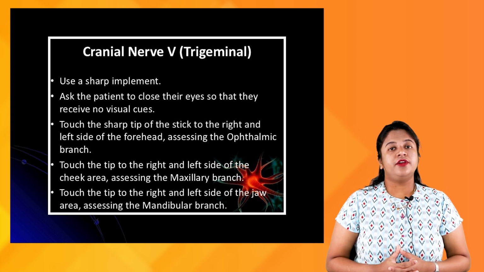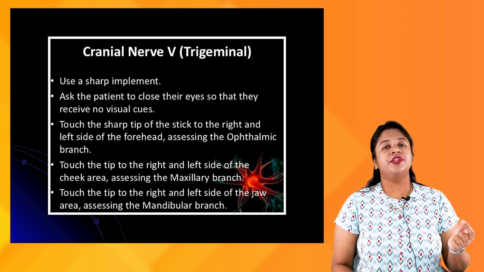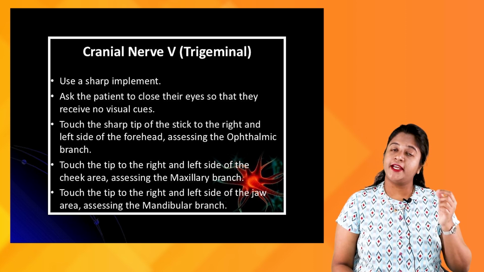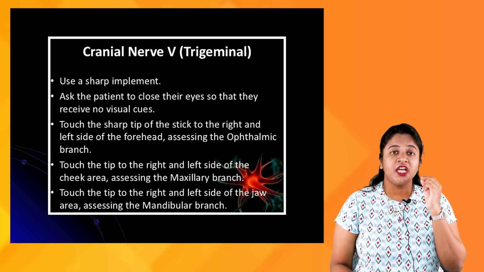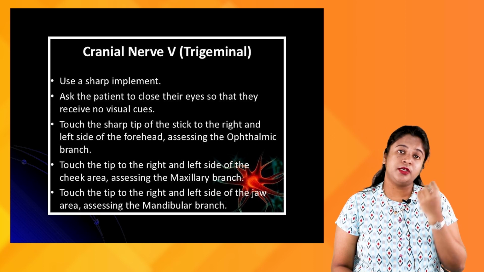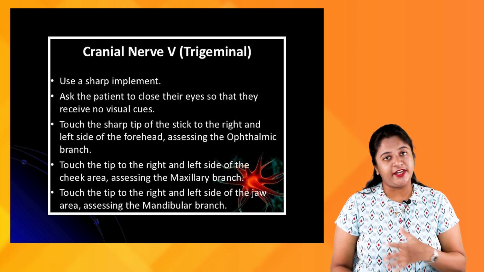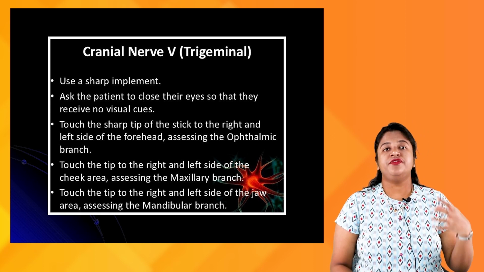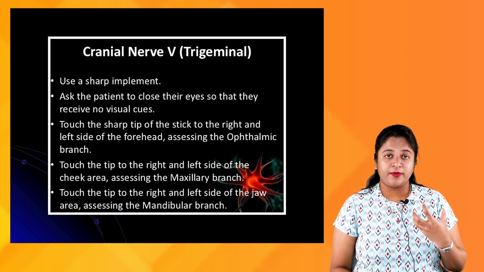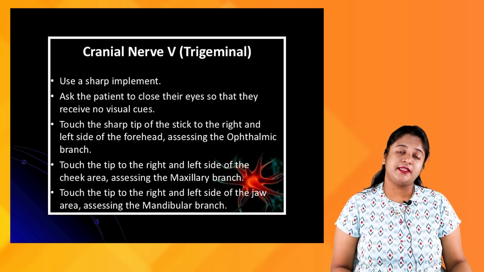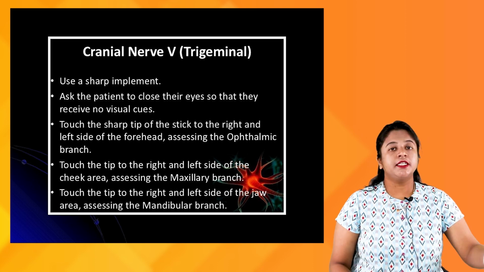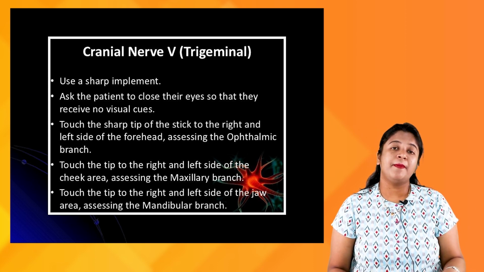To do the maxillary branch assessment, again you're going to take a sharp object and touch the object onto the cheeks, separately to the left as well as the right side of the cheek. So if the patient is able to identify or make out the sensation, then we can say the maxillary branch is intact. The third branch that you're going to assess is the mandibular branch.